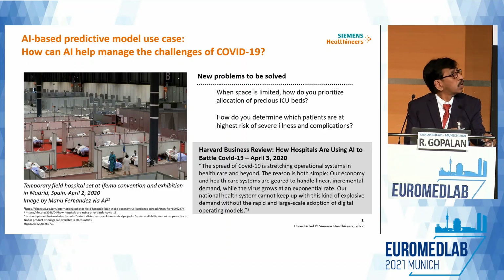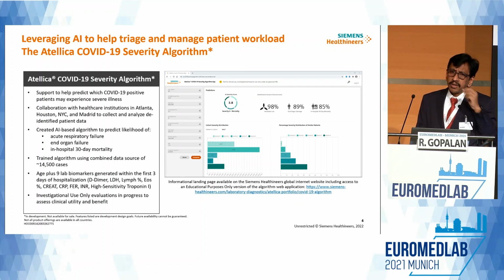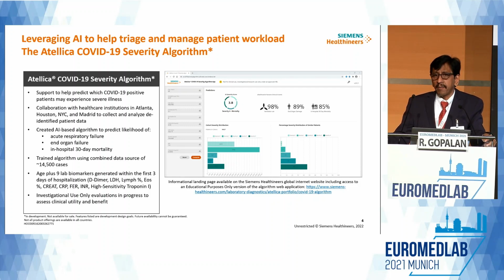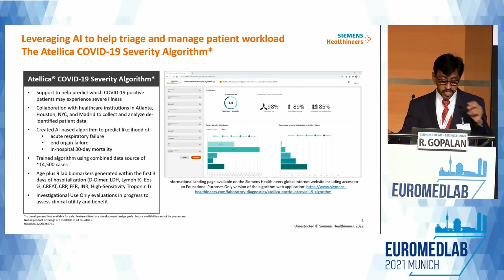Then we built a machine learning algorithm. We had all the data, and we also knew what really happened to the patient. Some of them had very mild disease and were discharged. Some of them ended up on the ventilator, a few had multi-organ failure, and unfortunately a few of them died within 30 days of admission.